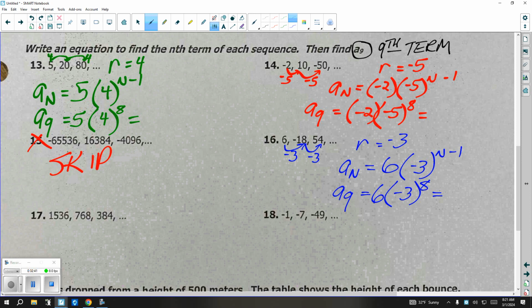Okay? All right. Would it surprise anybody that I know that 768 divided by 2 is 384? Does that surprise any of you? Okay, so this is dividing by 2. And this is dividing by 2.